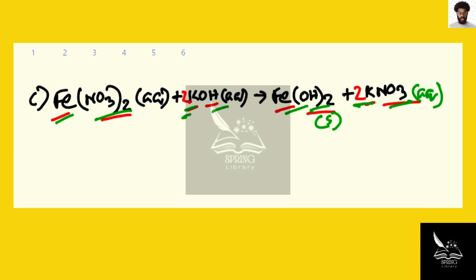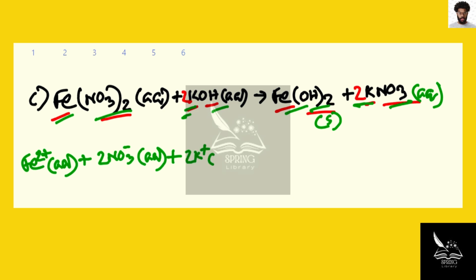Now I have to write down the total ionic equation. So we'll have ferrous ion and two nitrate ion from the ferrous nitrate. Then we will have two of the potassium ion and two hydroxide ion.